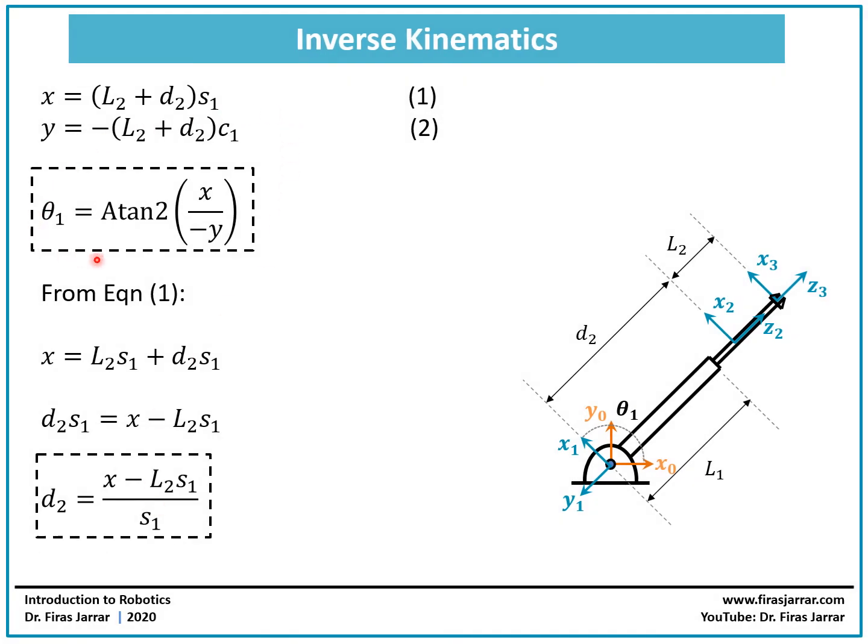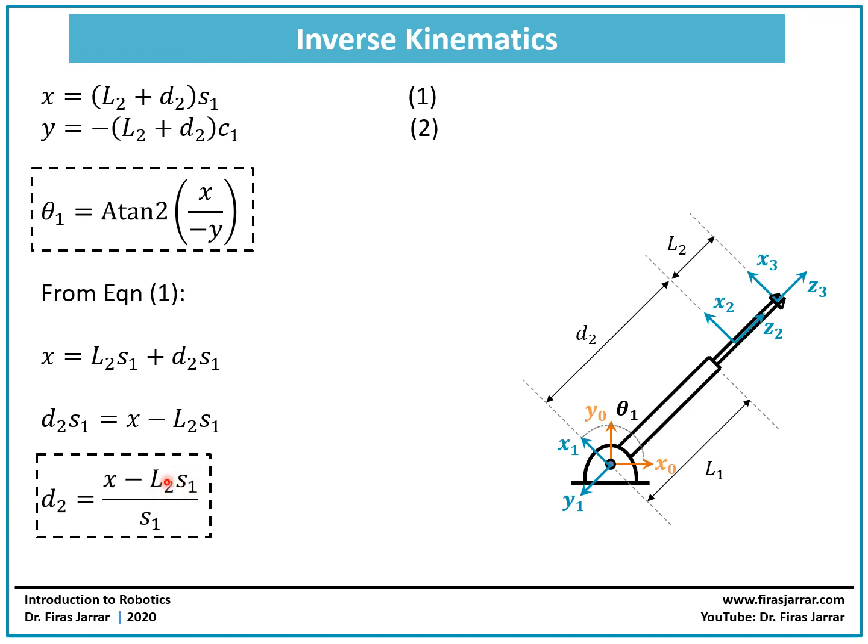So this is θ1, and then going back to equation 1, we need to find the other joint variable, which is d2. Either you can go to equation 1 or equation 2, both would be okay. From equation 1, rearrange the terms in order to get d2 is equal to (x − L2 sin θ1) over sin θ1. Because θ1 was already obtained, this is known.